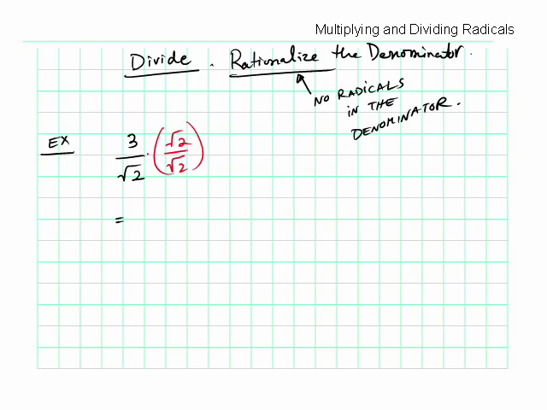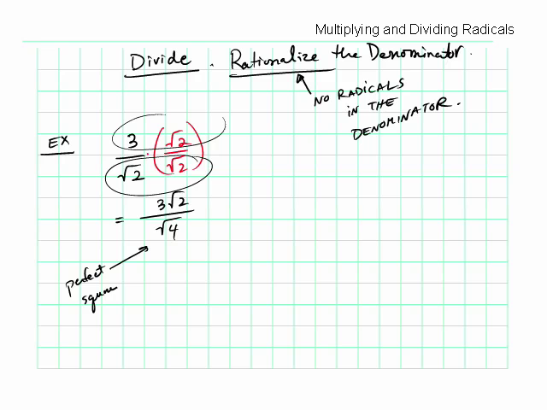Because if I multiply square root 2 to a square root 2 down here, that will give me the square root of 4, and I've created a perfect square, which is going to be 2 in a minute. In the numerator, we got 3 times square root 2, which is just 3 square root 2. But the denominator is a 2, so we got 3 square root 2 over 2. And it is rationalized because there's no longer a radical in the denominator.